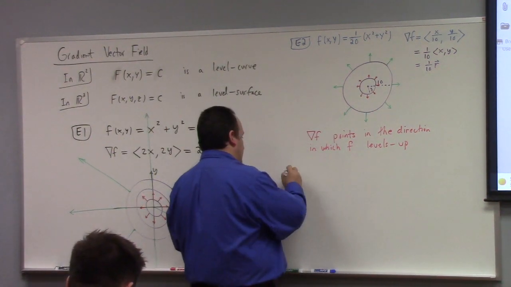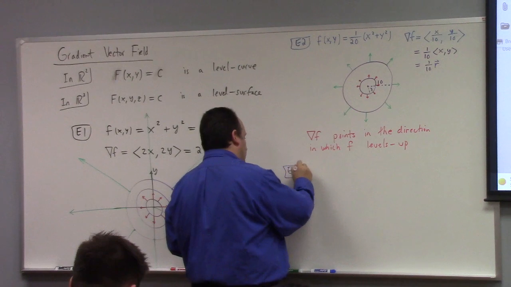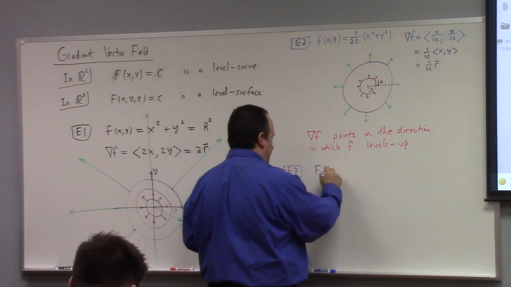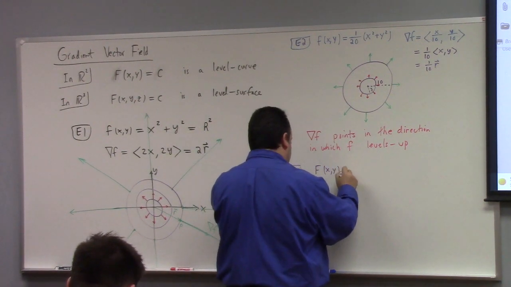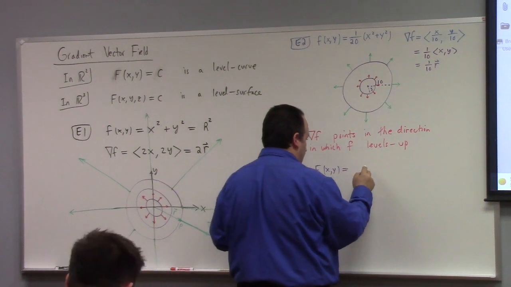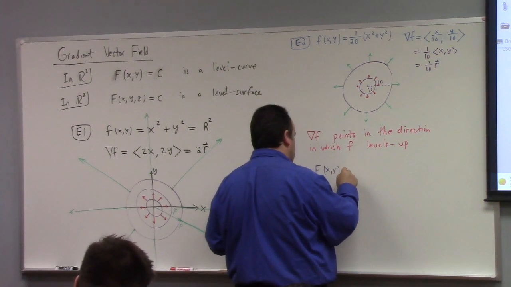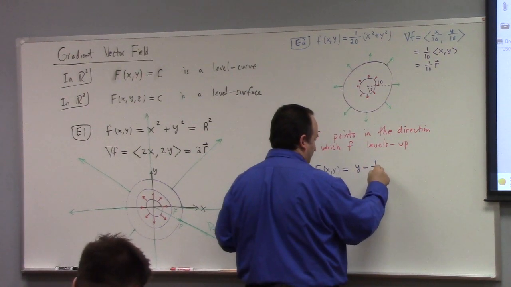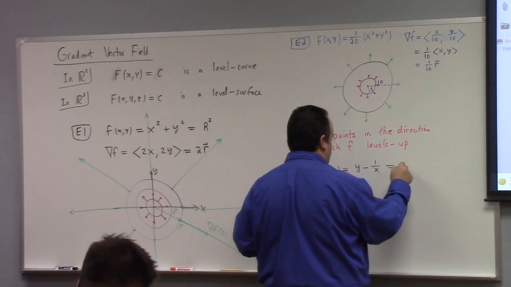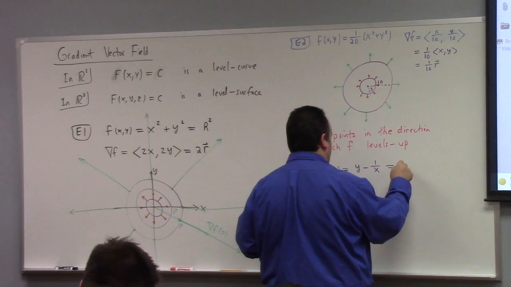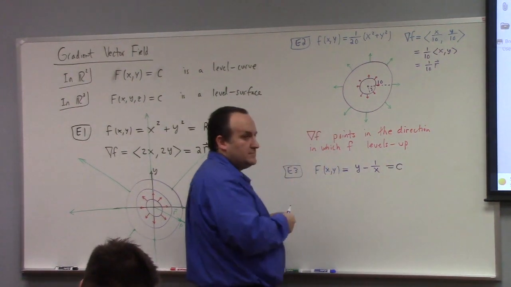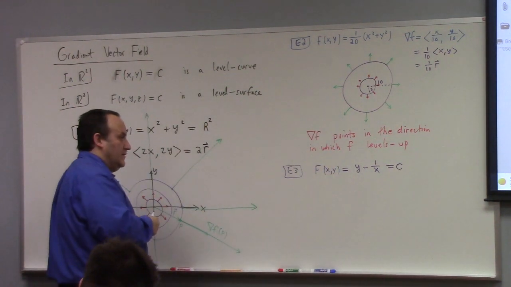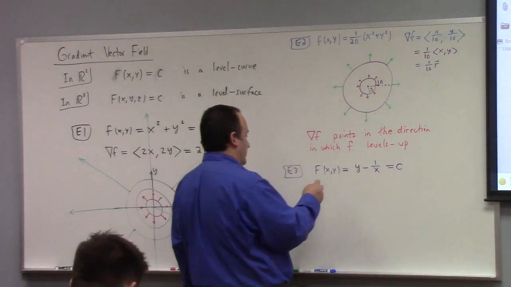For example 3, we look at f of x, y equal to, I don't know, say y minus 1 over x, right? And if we look at that equal to a constant, what's the gradient here?